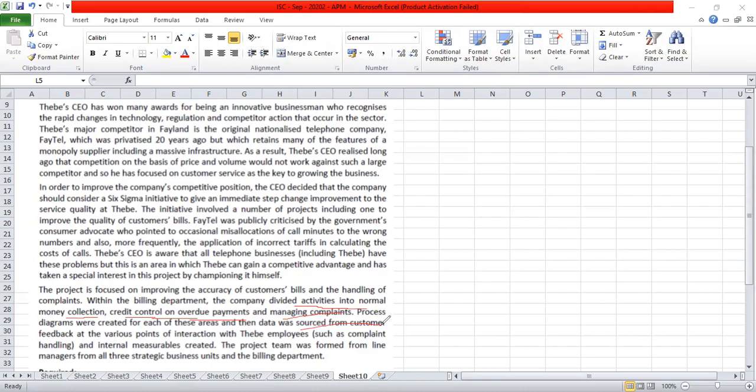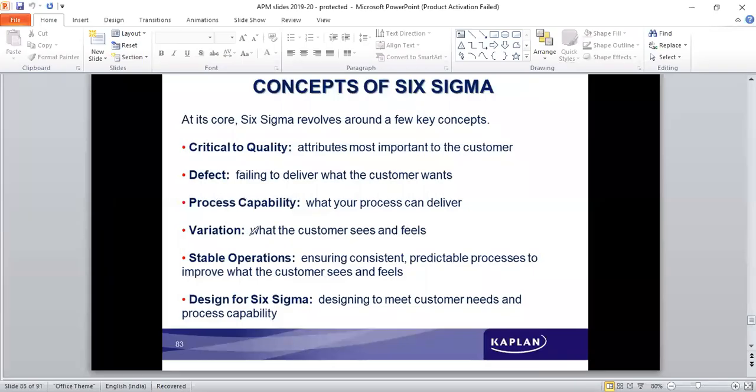Data is collected from customers' feedback at various points of interaction with Thebe employees, such as complaint handling, and internal measurables created. The project team was formed from line managers from all three departments. See here, their focus is on what the customer sees and feels. So the requirement from the customers is taken up, and then they have started providing better quality services to the customers.